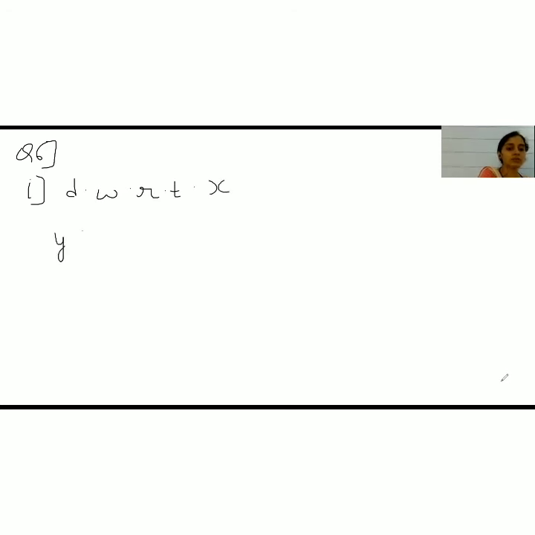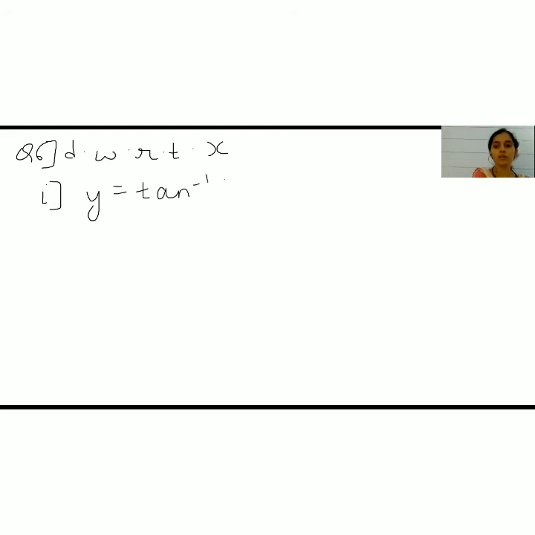We have y equal to tan inverse of log of x.